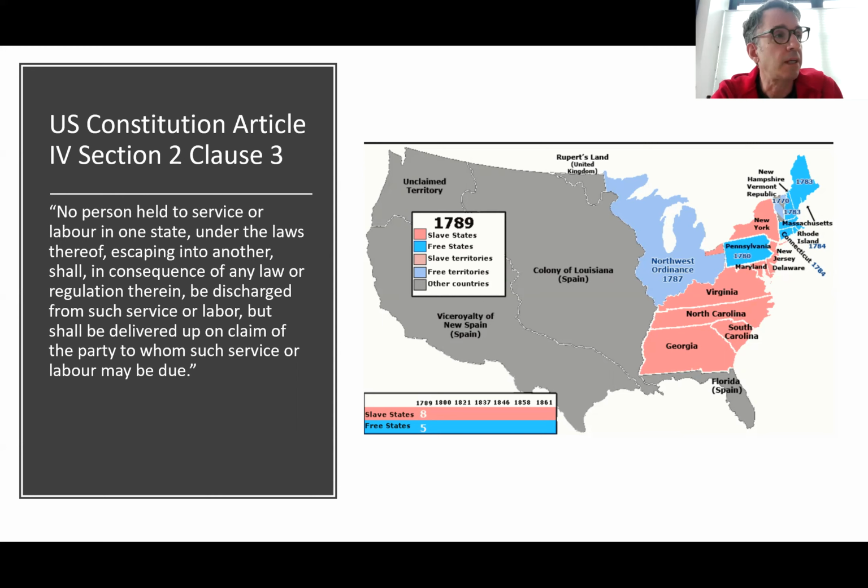So this is already showing that the Constitution is riding roughshod over the states' rights of free states.